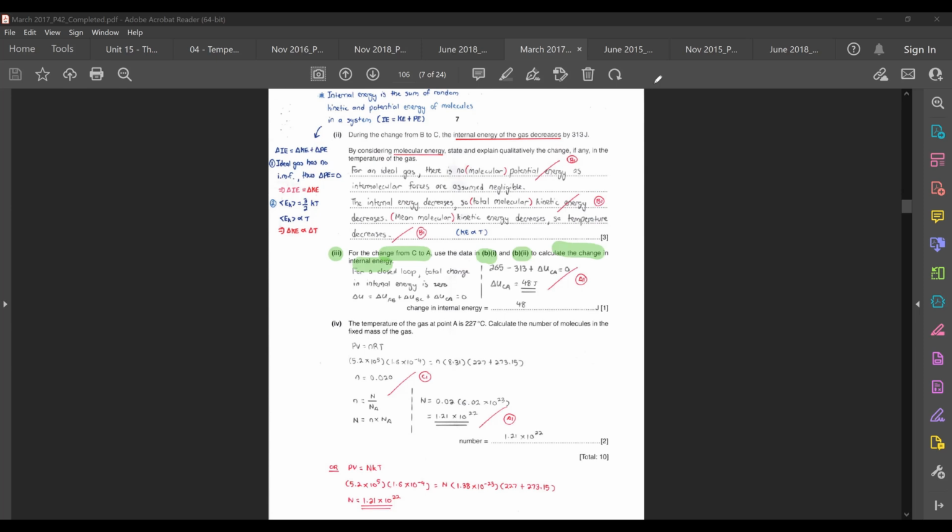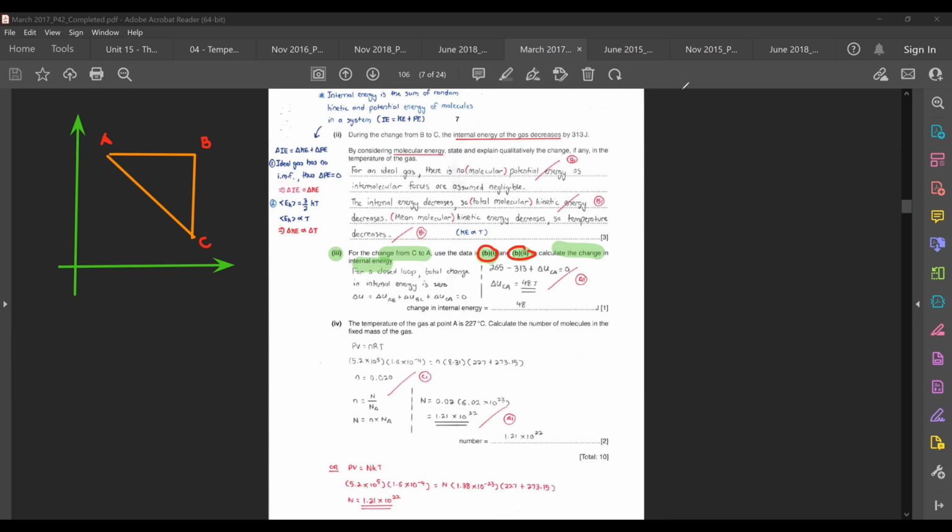So what you had previously was a graph that looks like this, where you have A to B, B to C, and then C to A. So this one was A, B, C back to A. They want you to use data in B1 and B2, the previous two questions, to calculate the change in internal energy, specifically from C to A.